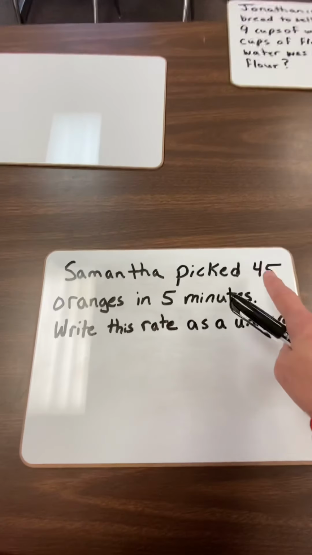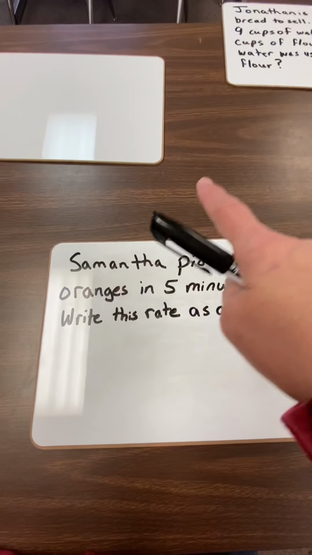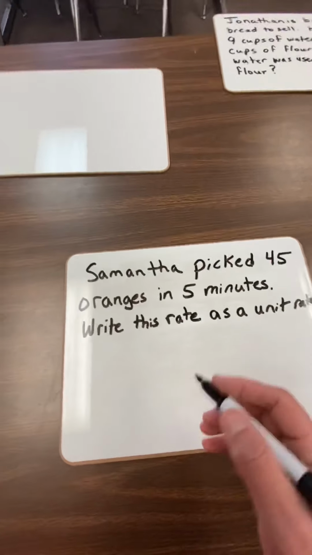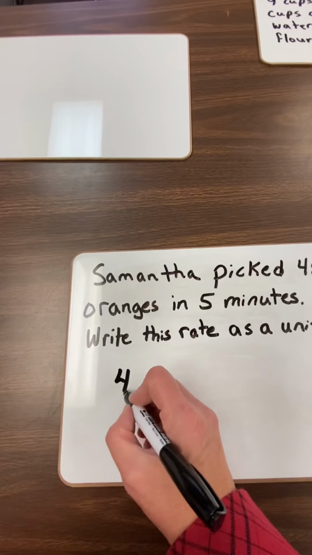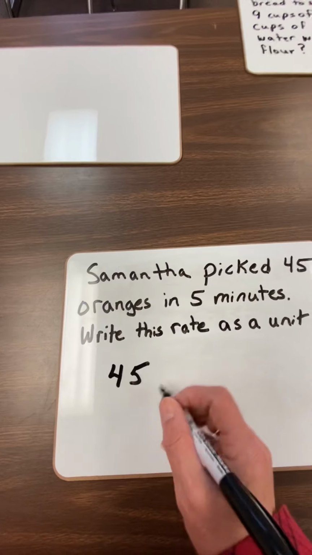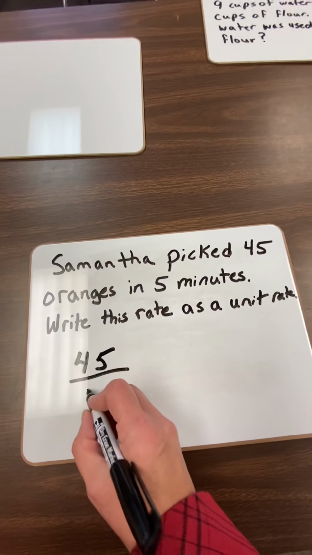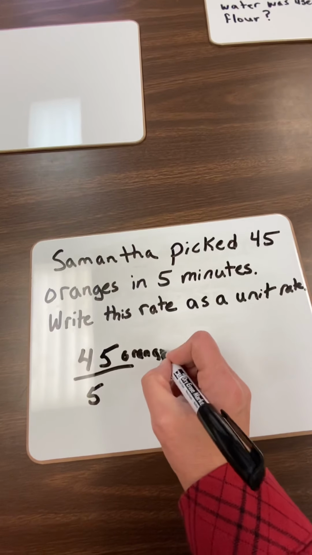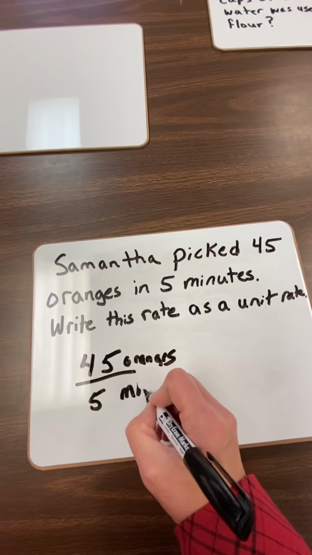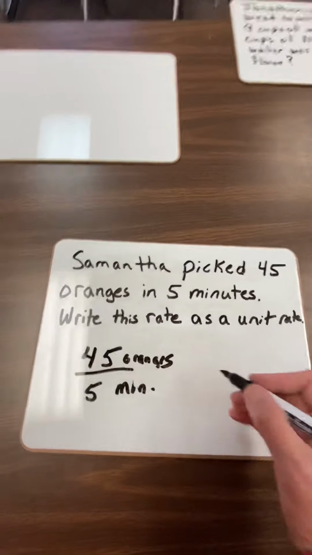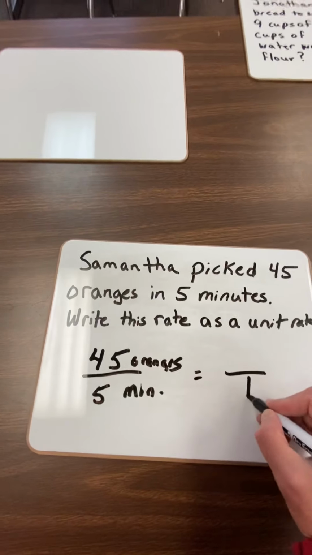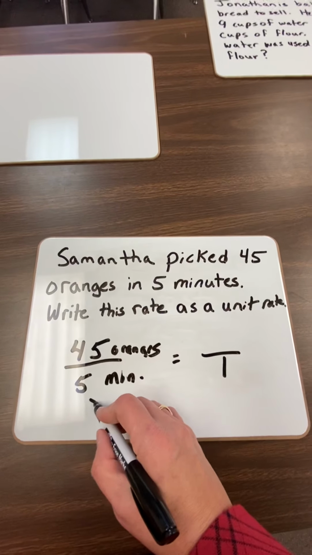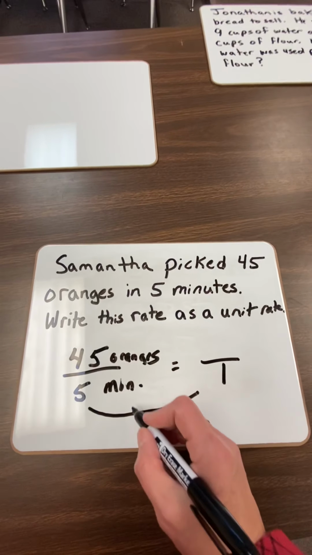If she picks 45 oranges in 5 minutes, how much will she pick in 1? So if we're going to make this into 1, because a unit rate has to have 1 at the bottom, what can you do to the 5 to get it to 1?